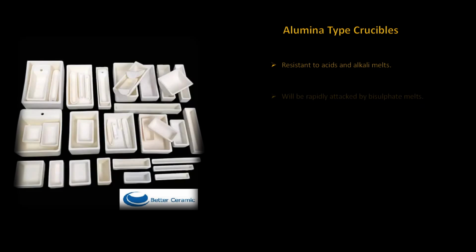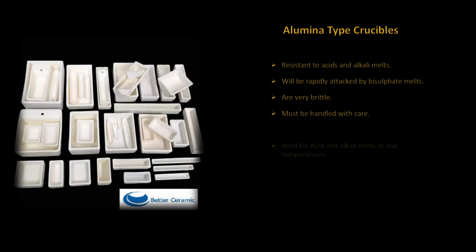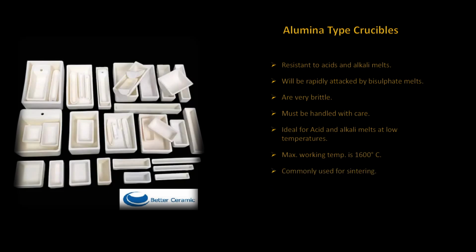However, they can be rapidly attacked by bisulfate melts. They are also brittle and must be handled with care. These crucibles are ideal for low-temperature fusion of acidic and alkali materials. The maximum working temperature should never exceed 1600 degrees centigrade. These crucibles are commonly used for sintering.